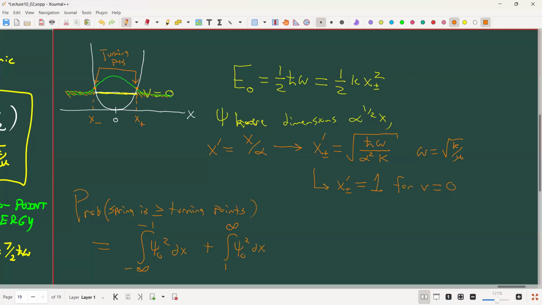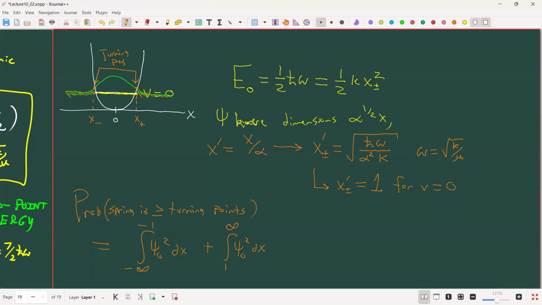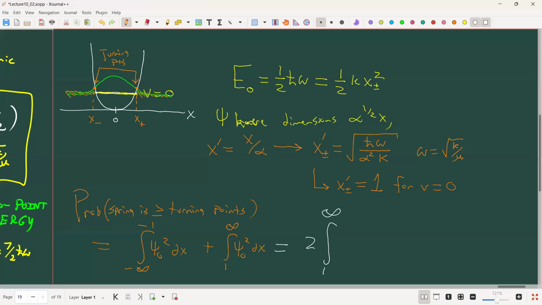Sorry, I'm going to change colors in just a second. But this is an even function. The right-hand side, x greater than 0, is the same as the left-hand side, so these integrals are the same value. I'm just doing the same integral twice. So this is equal to 2 times the integral from 1 to infinity of psi 0 squared dx.